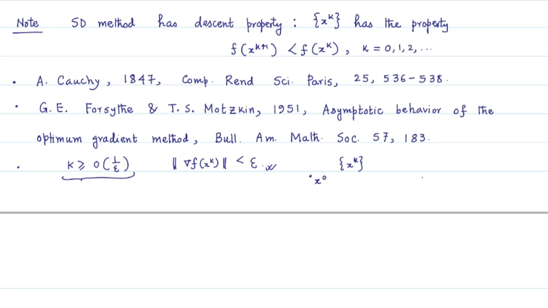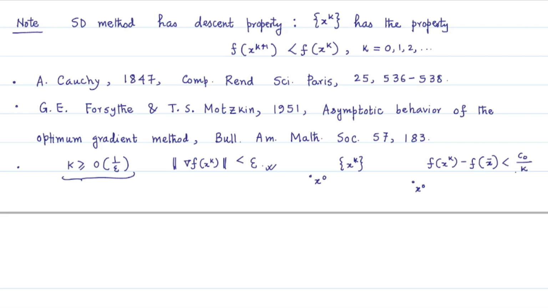Towards the end of this lecture, we will get to know a surprising result for a general convex function. It states that if you start your steepest descent method from any arbitrary point x naught from the n-dimensional Euclidean space, then at the current iterate xk, the difference between the function value at xk and at a point x bar, which is a minimizer of the function f, is less than c naught divided by k, where k is the number of iterations executed so far.